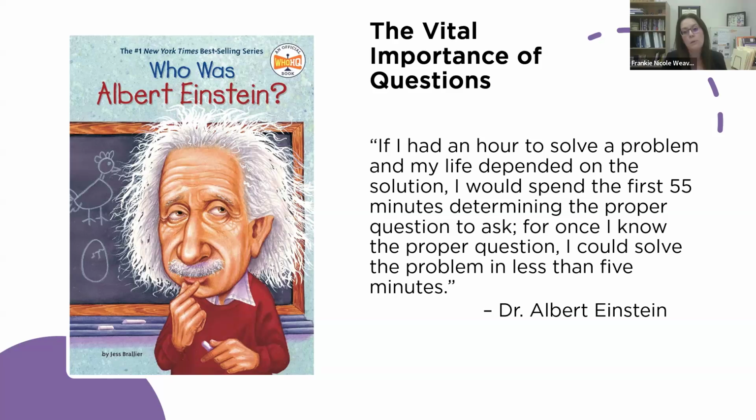And then he would be able to solve the problem in less than 5 minutes once he had that question. Now, oftentimes, I think that our young researchers, it's going to be a series of questions, and they're going to have to learn to organize them and discover which answers and which questions they really want to ask.